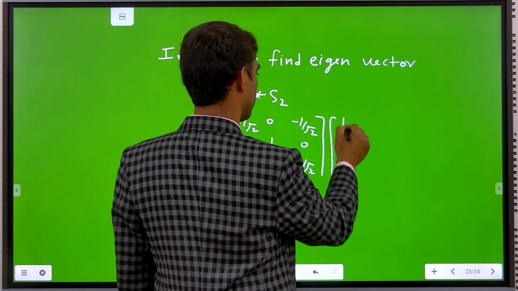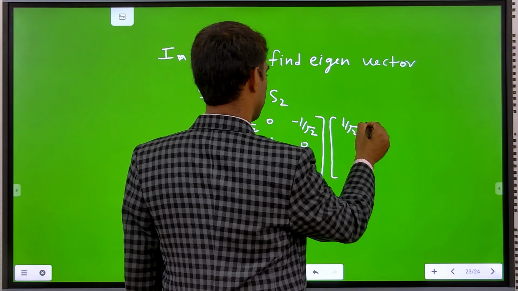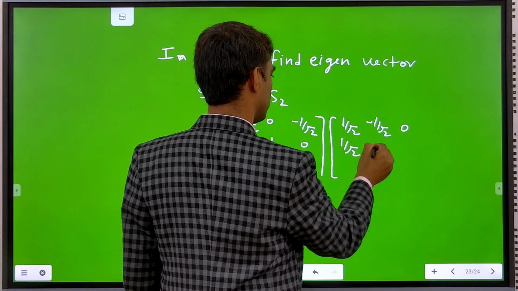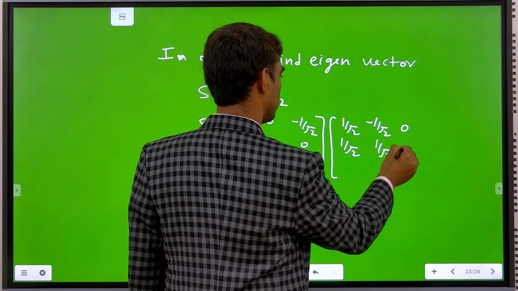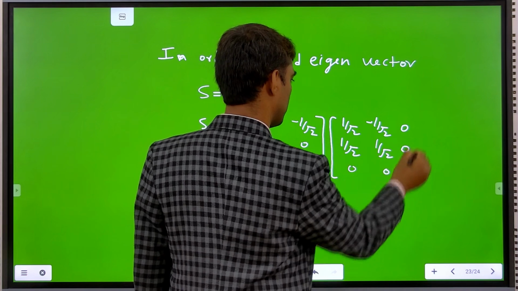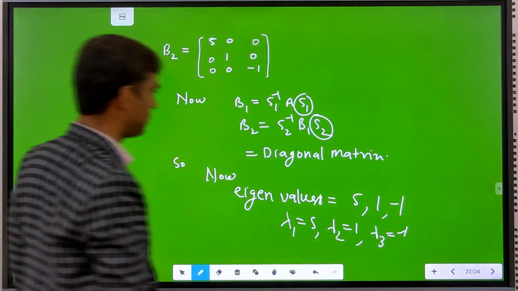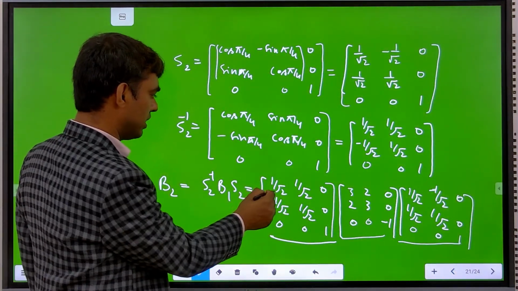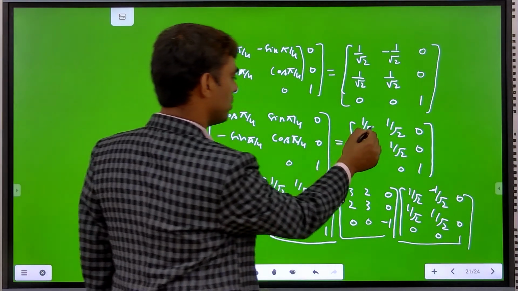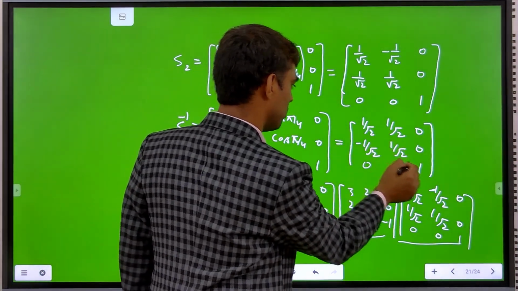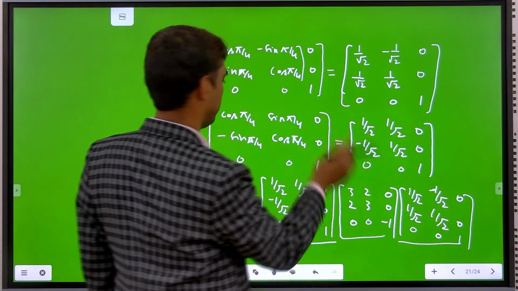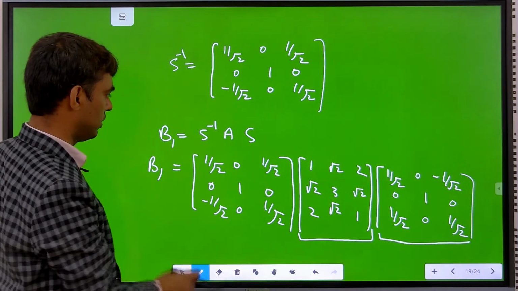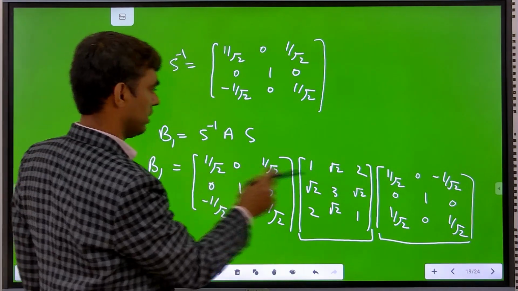S2 is 1 by root 2, minus 1 by root 2, 0; 1 by root 2, 1 by root 2, 0; 0 0 1. Let us verify whether we wrote the correct one or not. This one is S2, and this one is S1.